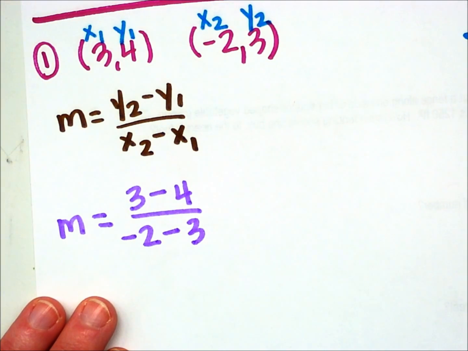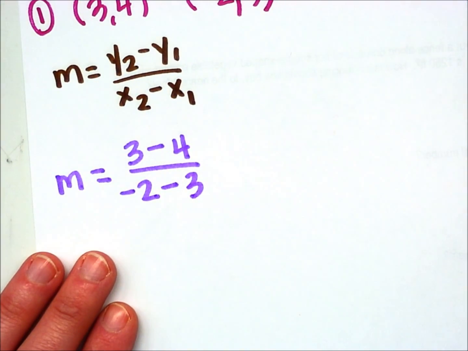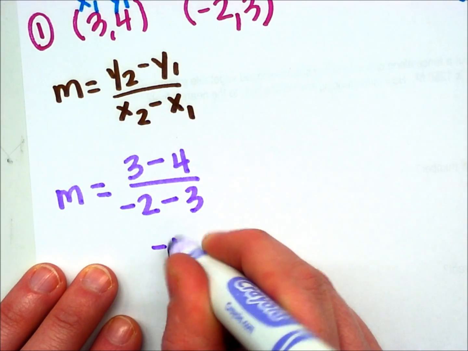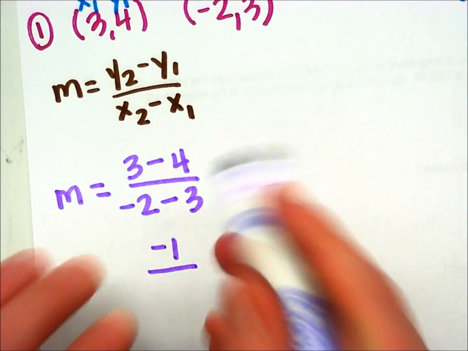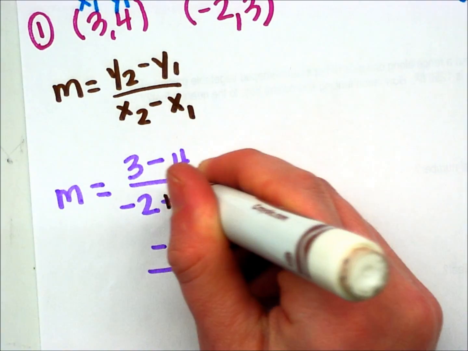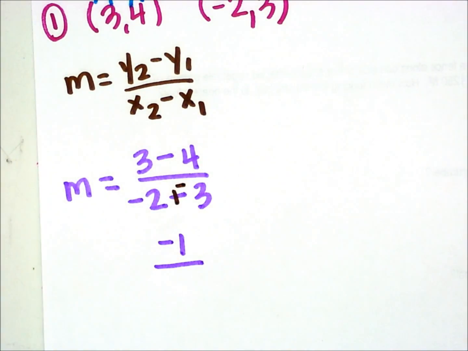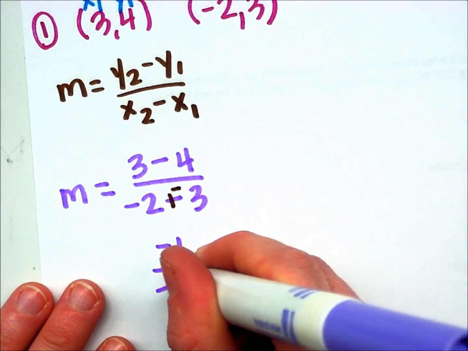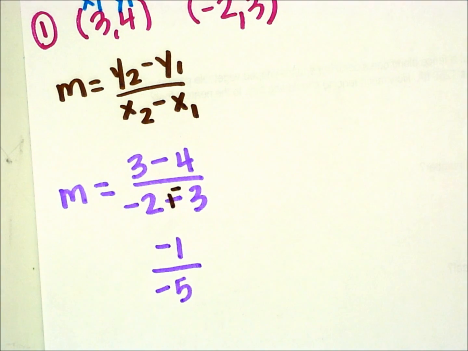Now, I'm going to look at my numerator, which is 3 minus 4. 3 minus 4 I know is negative 1. And then negative 2 minus 3. Remember, you can keep, change. So that would become negative 2 plus negative 3, which is negative 5.